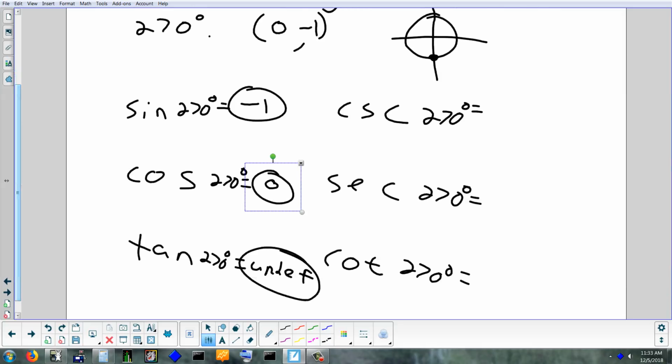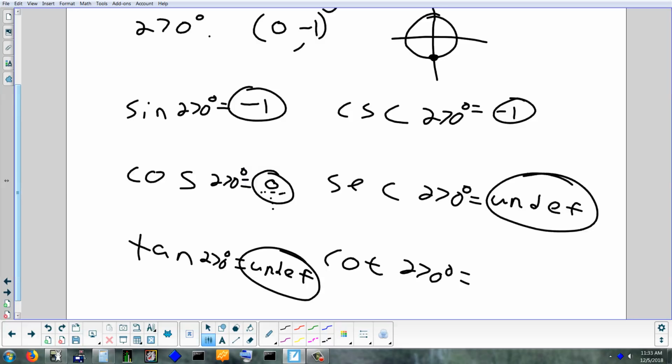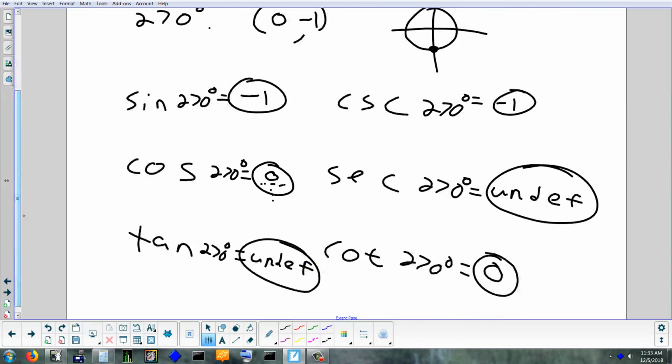If you flip 1, it stays the same. If you flip -1, it also stays the same. How about this one? If you're not sure, pretend like it's over 1. You're flipping 0 over 1 to get 1 over 0. That's undefined. So if you flip 0, you get undefined. If you flip undefined, you would get 0. And there's the 6 trig functions of 270.